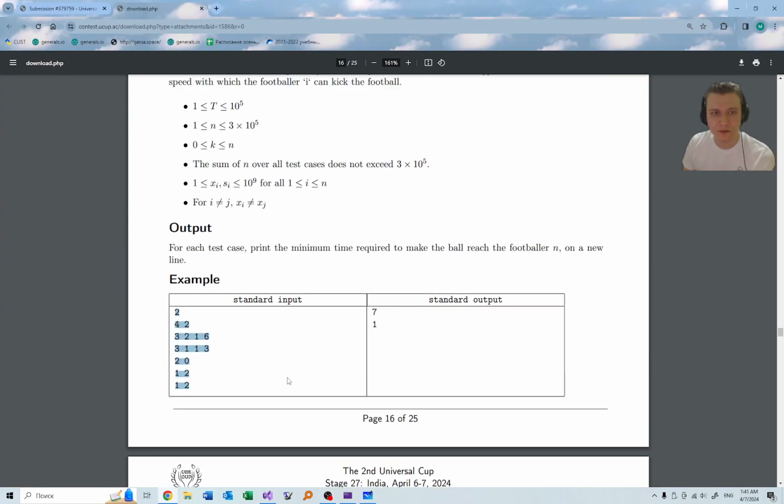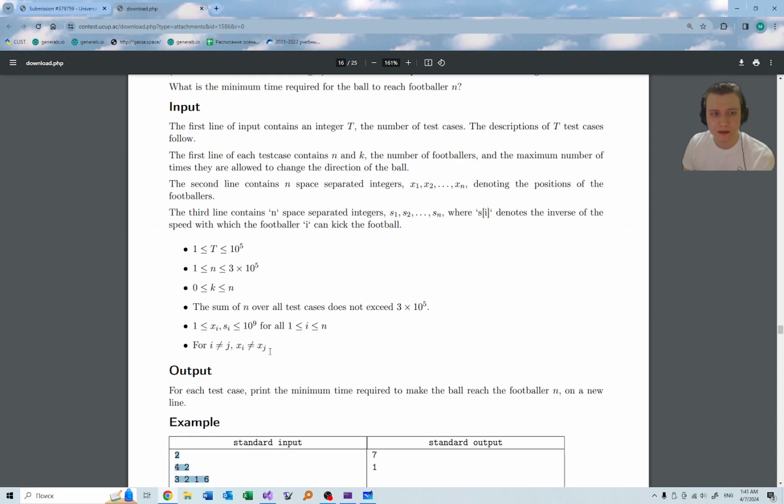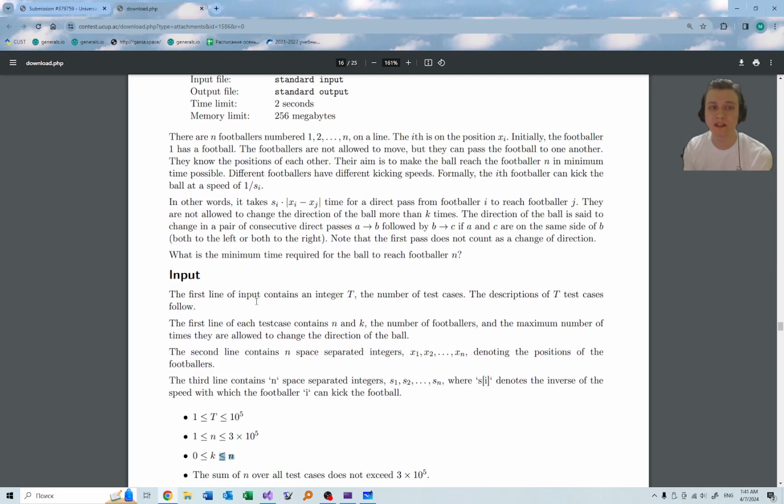So in this problem, k is at most n, but it should not be exactly n. It can be at most n.